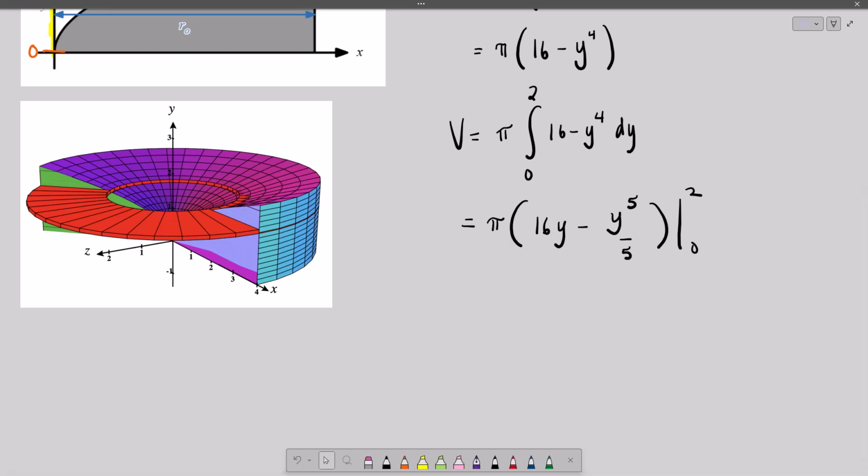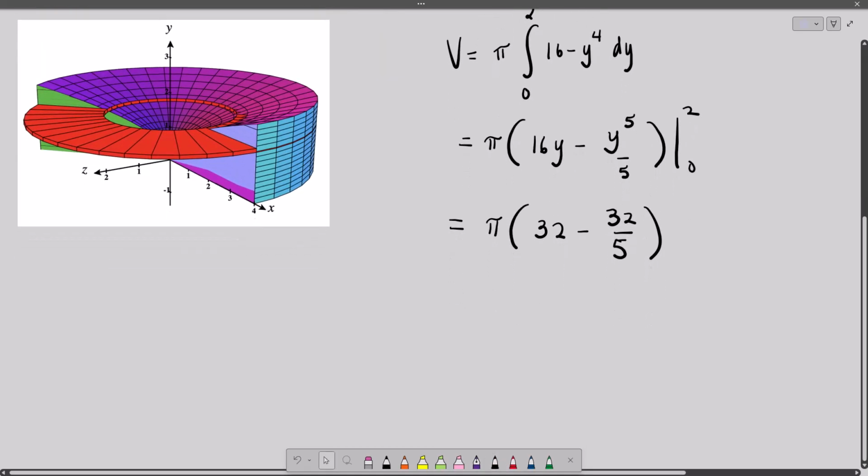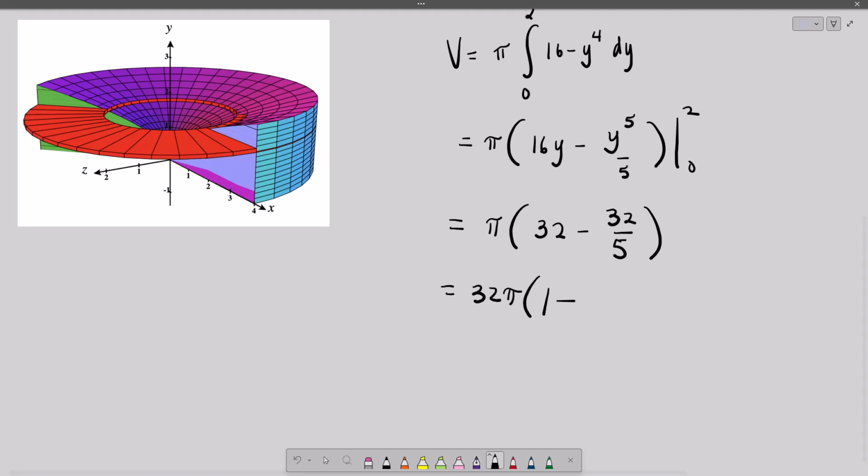But if we plug in the 2, it looks like 32 minus 32 fifths. I'll factor out the 32 here, giving 32 pi, and then 1 minus 1 fifth. Well, 1 minus 1 fifth is 4 fifths.